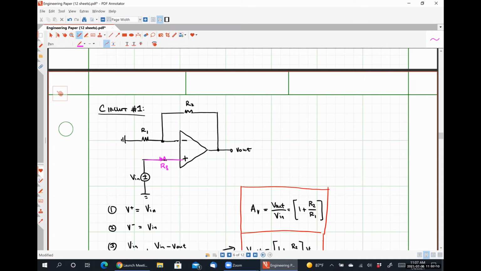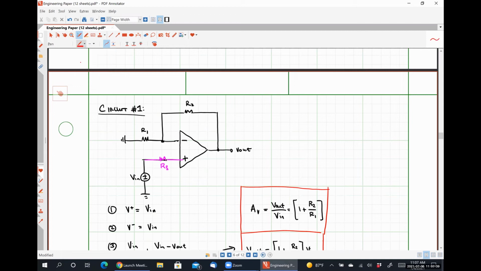Would having some non-zero resistance for R3 change our relationship for this circuit at all? No, but with a question mark. So I will say no, but with an exclamation point.